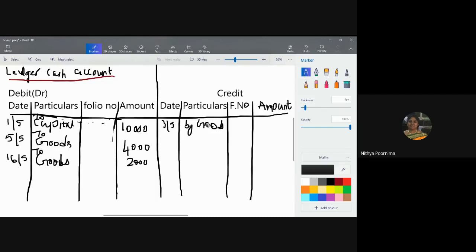First transaction, goods to cash, how much? 6K, ma'am. 6K. Next, 6th May. What is the transaction?